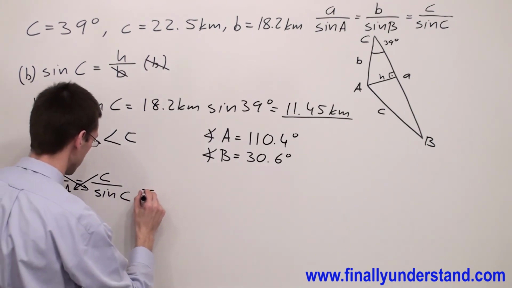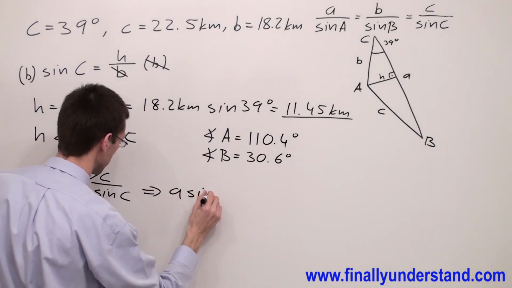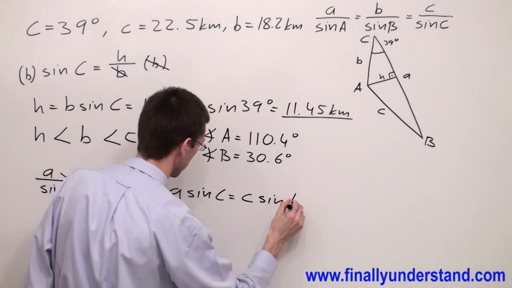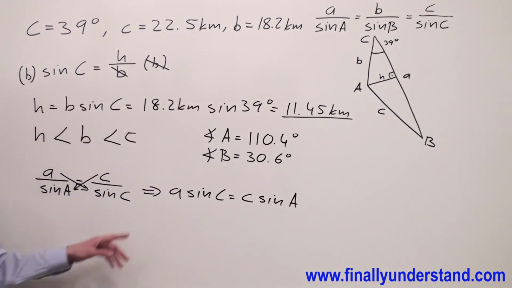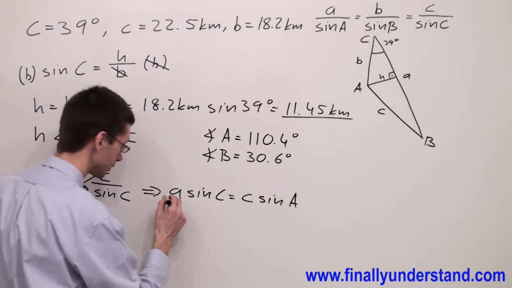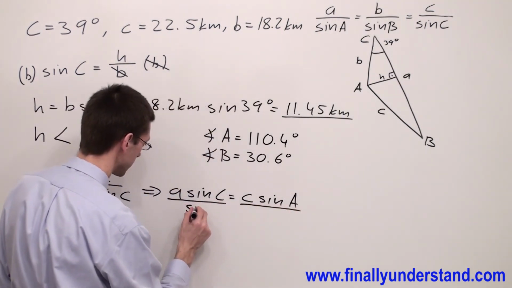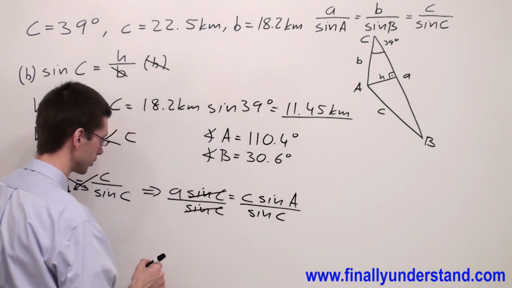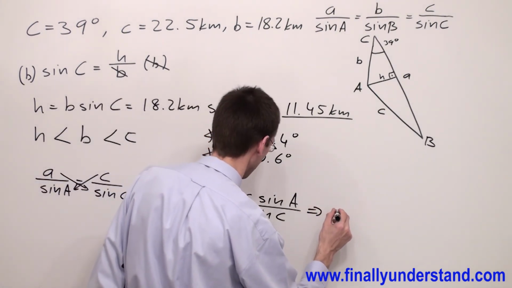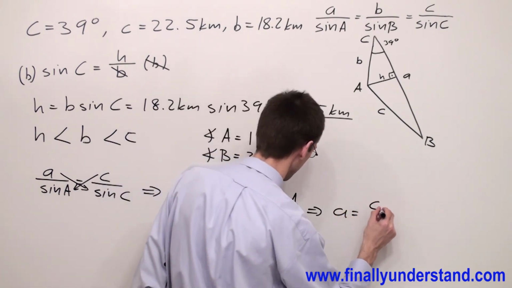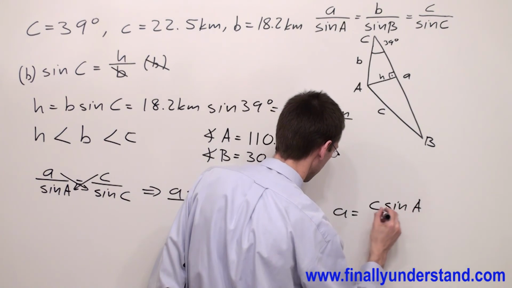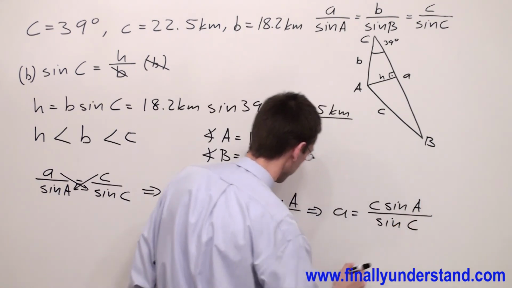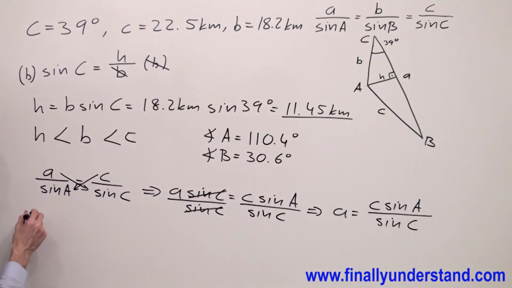So I have A sine of angle C equals C times sine of angle A. In order to find side A, I divide both sides of my equation by sine of angle C. Sine of angle C will cancel out, and I end up with A equals C sine of angle A over sine of angle C. Now we substitute the variables by the numbers.